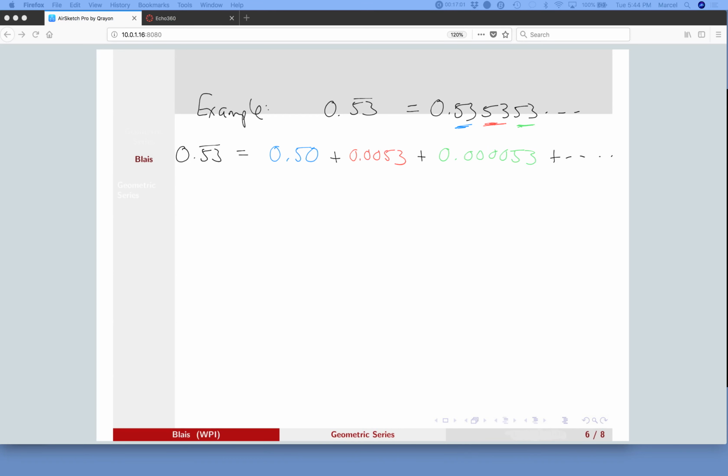And then you would use the same, whoops, it should be a 53, not a 50. You would use the same type of analysis now to write each one of these terms as a fraction. And then you would factor out a 53 and see what the resulting geometric series would be.